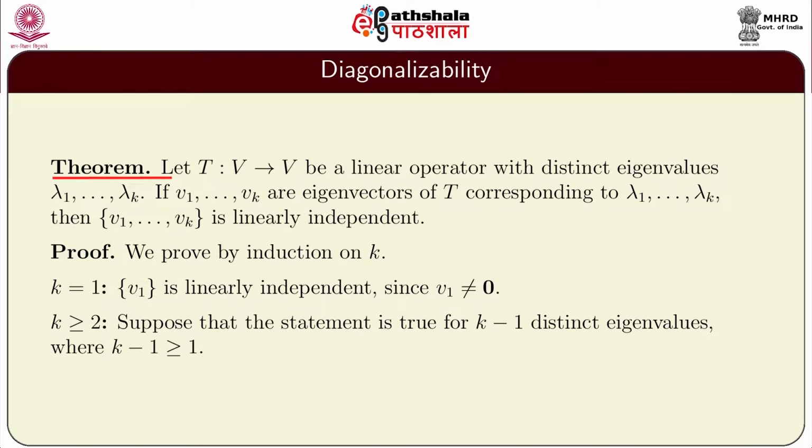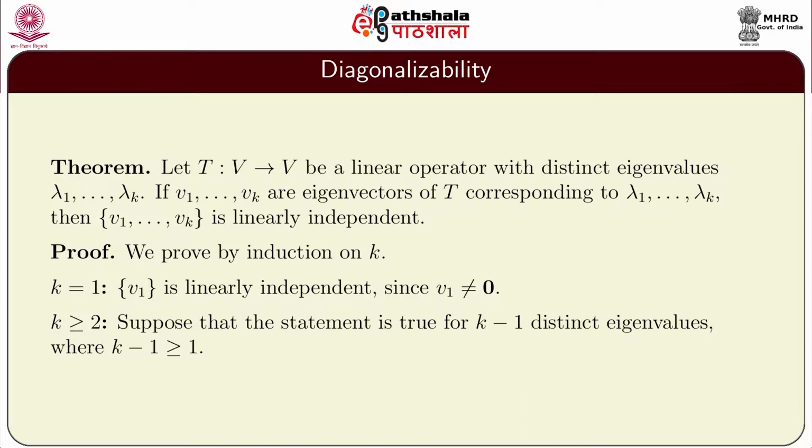The theorem says the following: let T from V to V be a linear operator with distinct eigenvalues lambda 1 to lambda k. Suppose that V1 to Vk are eigenvectors of T corresponding to the eigenvalues lambda 1 to lambda k, then the set of vectors V1 to Vk is linearly independent.